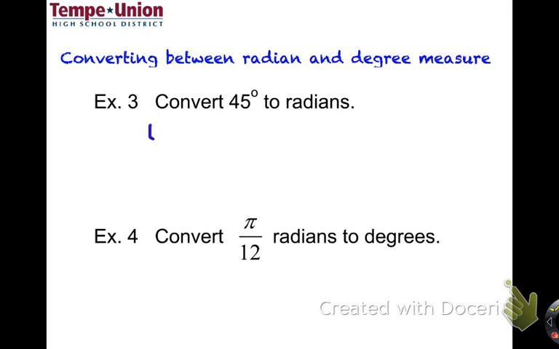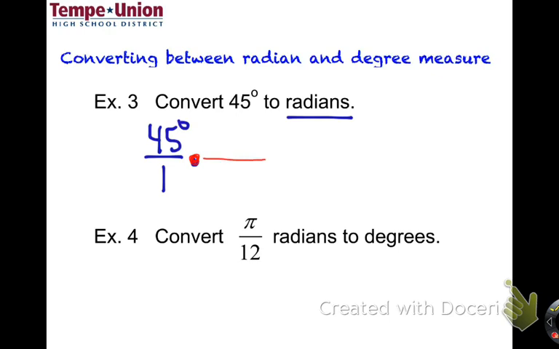So let's say we have 45 degrees, and we'd love to change this to radians. Well, you've got to multiply by something: either 180 over pi, or pi over 180. Which is it? I'll tell you how I remember it. I want to change this to radians, so I really don't want to have degrees anymore in my answer.